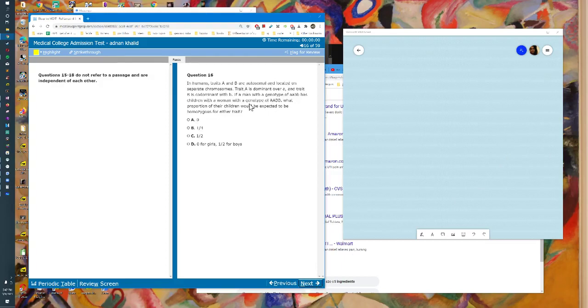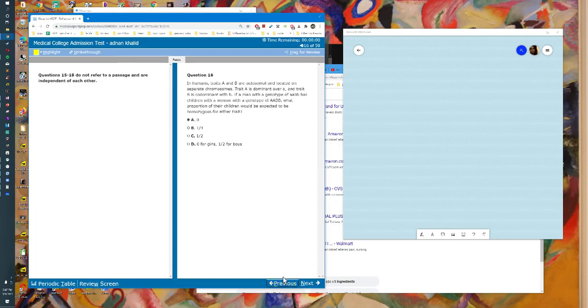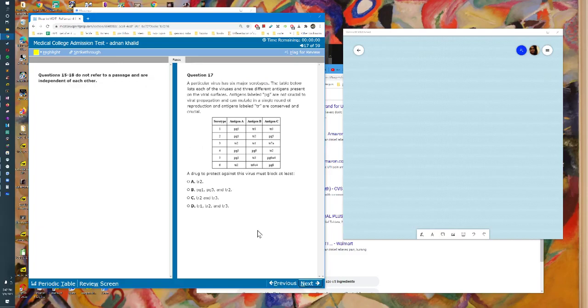Codominant, okay. I mean, they're all going to be heterozygous. Oh, you know what? Autosomal. It's not on a sex chromosome, so 0.